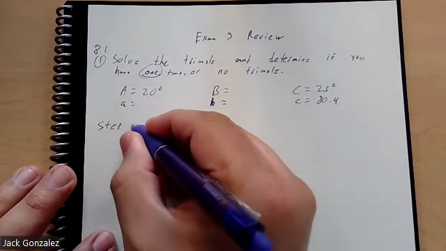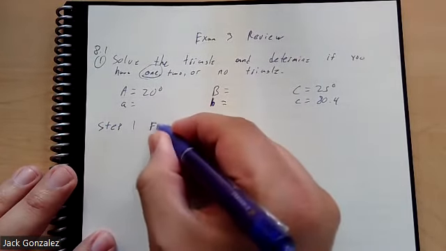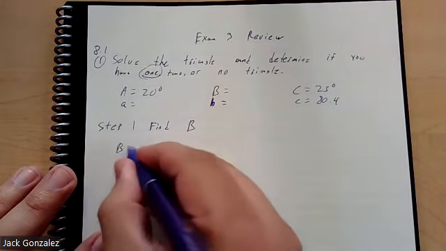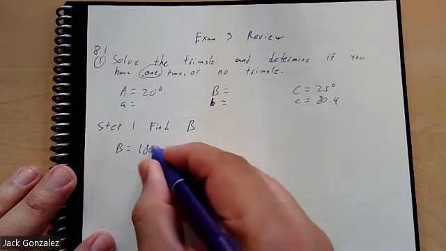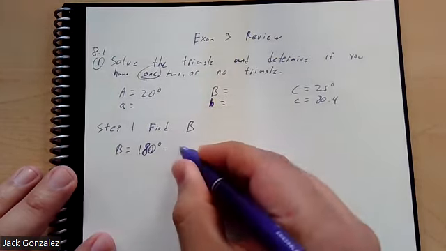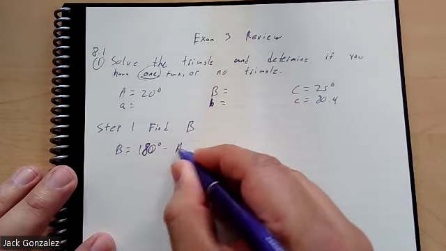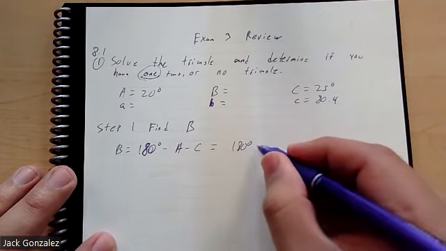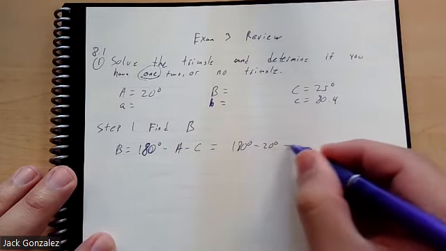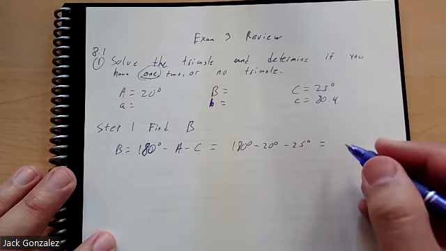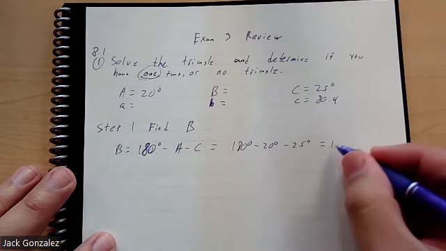Step 1, find capital B. So B is equal to 180 minus the other two angles. That would be 135, right?